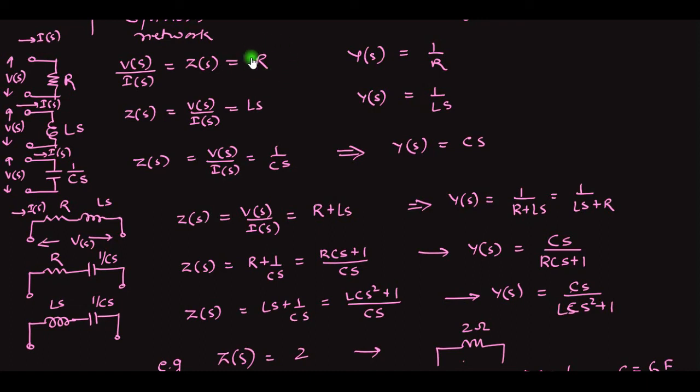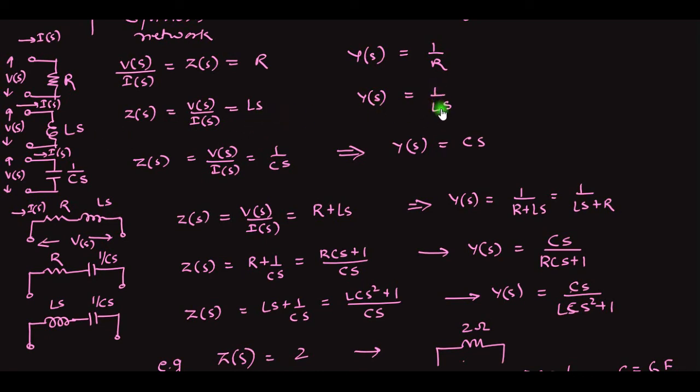So if we ever encounter a driving point impedance or admittance which does not have any S term in it, then we will directly say that it can be realized into a resistive network, that is a single resistance R. Similarly, if we ever encounter a driving point admittance which has a single S term only in the numerator and does not have anything in the denominator, then we will say that it can be realized into an inductive circuit.